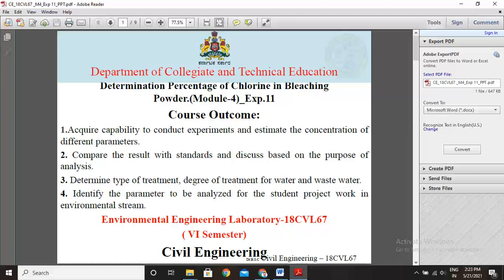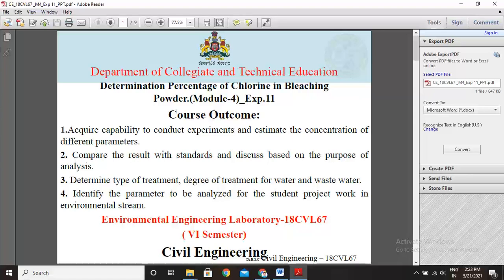There are 4 course outcomes. First one is to acquire capability to conduct experiments and estimate the concentration of different parameters. Second course outcome is to compare the results with standards and discuss based on the purpose of analysis.